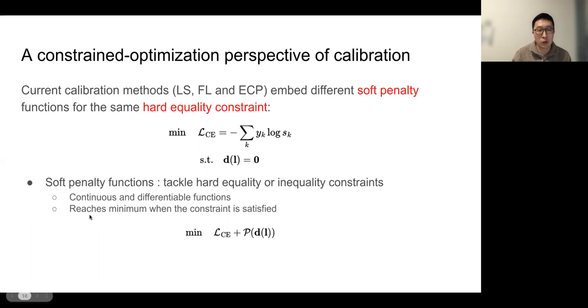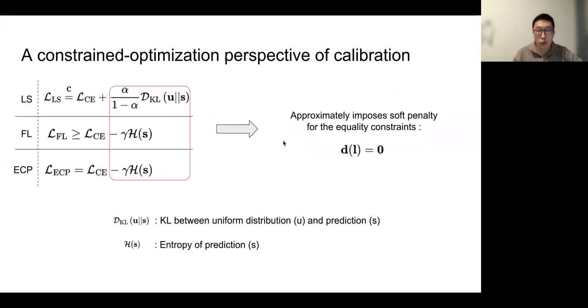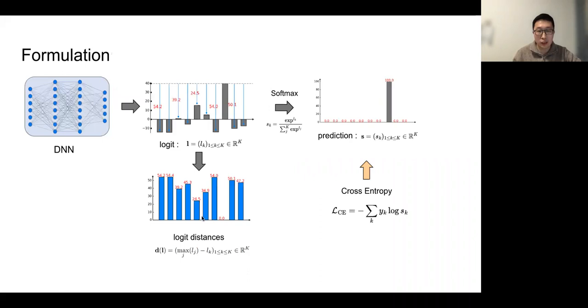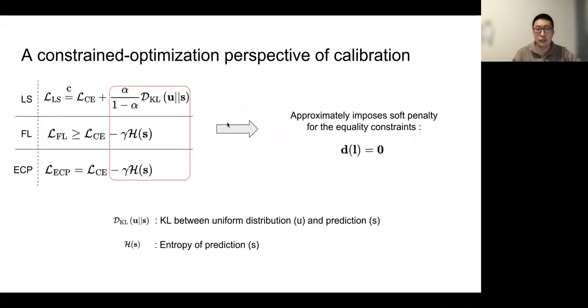And the second one, it should reach the minimum when the constraint is satisfied. So from this side, we argue that all these terms are actually soft penalties for this constraint. This constraint tries to let the logit distance be equal to 0, which also means that it tries to let the logits be equal to each other.